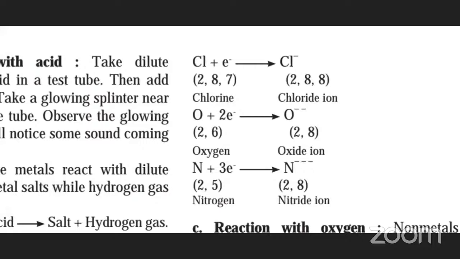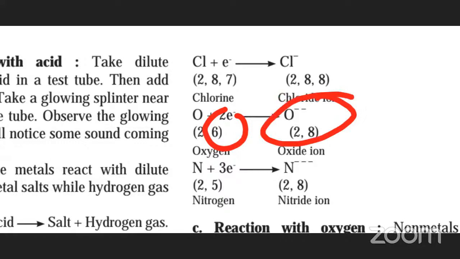And then see, second is oxygen. So if you see the electronic configuration, there are 6 electrons in the outermost shell of oxygen. So how many required? 2 electrons are required to complete the octet. So this oxygen is going to accept 2 electrons, and that's why here you have 2 minus charge.